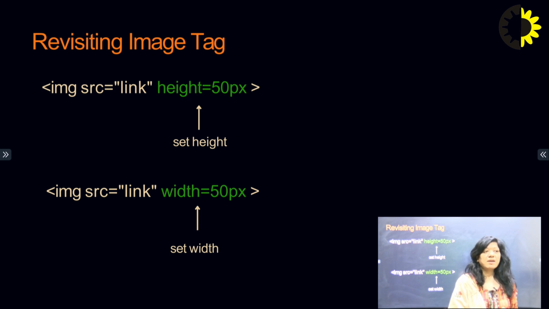That time I will use img. So img, src means source, equals the link from where I copied that image, and height 50 pixels and width 50 pixels. It means we can set the height and width of any image on our own.